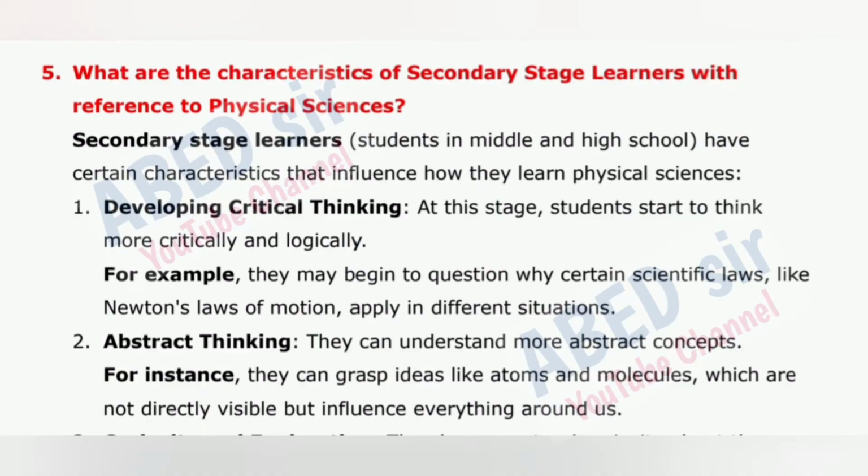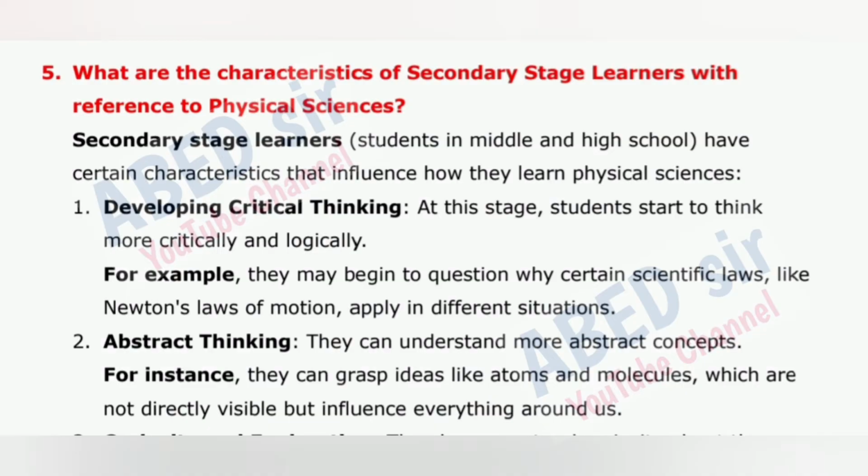Next important short question is: 5. What are the characteristics of secondary stage learners with reference to physical sciences? Secondary stage learners, students in middle and high school, have certain characteristics that influence how they learn physical sciences. 1. Developing critical thinking. At this stage, students start to think more critically and logically.